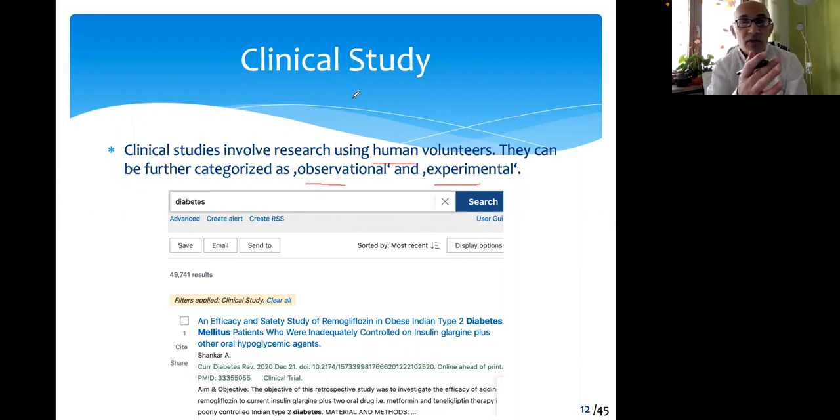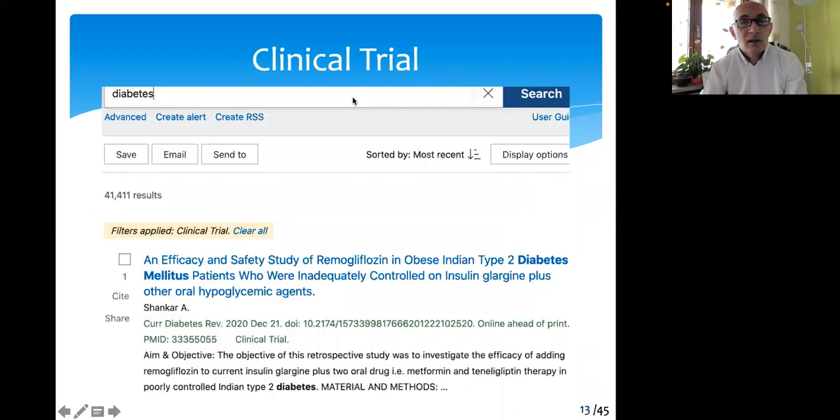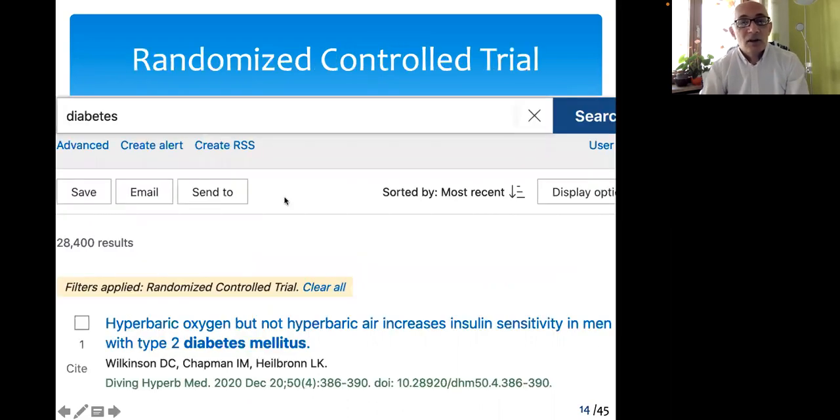So you have observational clinical studies or experimental clinical studies. If you're doing an experiment, then we usually call it a trial, a clinical trial. So these are very similar, to some extent synonymous terms, as you see, clinical trials.